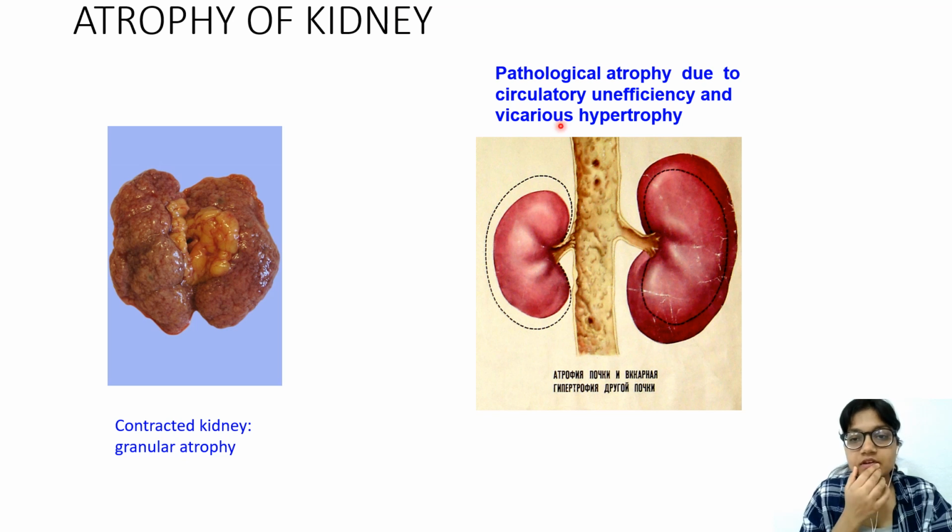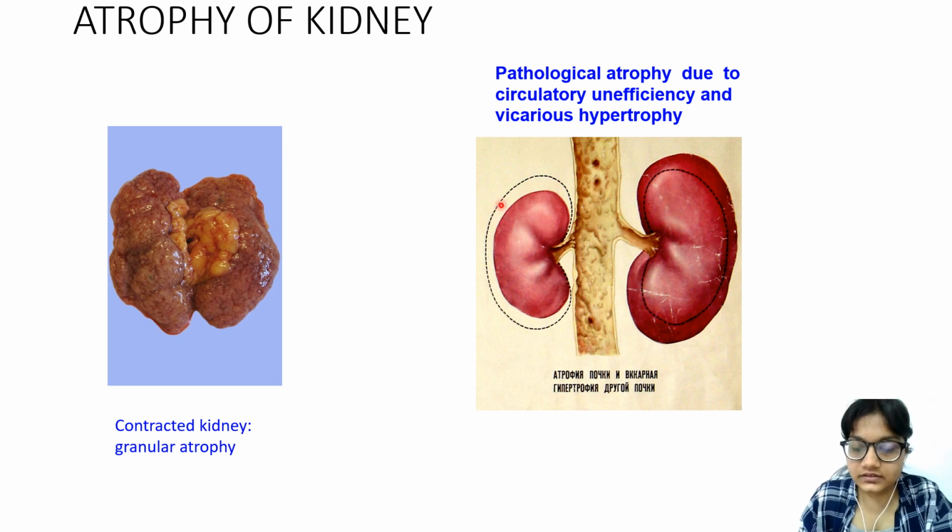And in the second picture we can see the pathological atrophy. It is mainly due to circulatory insufficiency, and also we can see the vicarious hypertrophy. As kidney is a paired organ, it works together, and hence the atrophy of this kidney causes the hypertrophy of another one, because the vicarious hypertrophy is mainly the enlargement of an organ following failure of another organ.